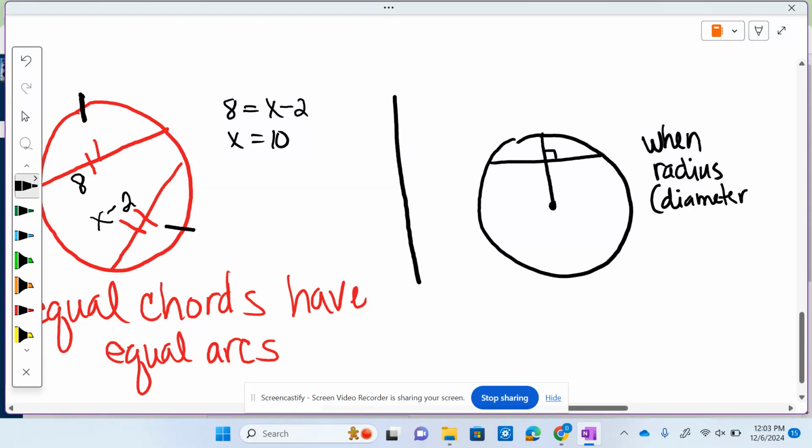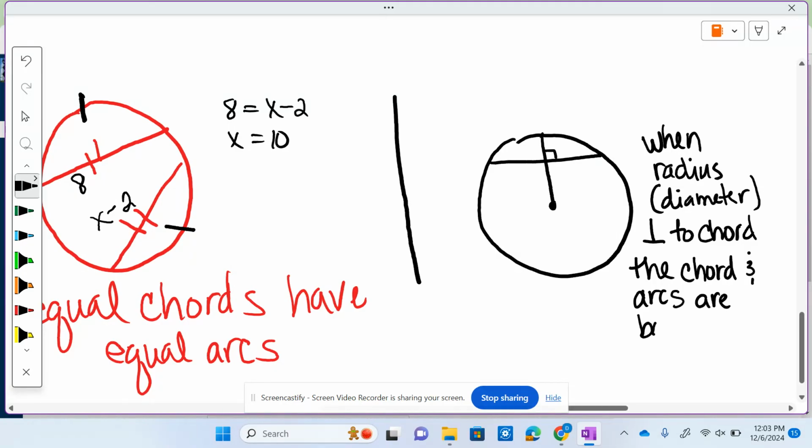Yeah, the chord and the arc. So when you have a radius or a diameter perpendicular to a chord, the chord and arc are both bisected.